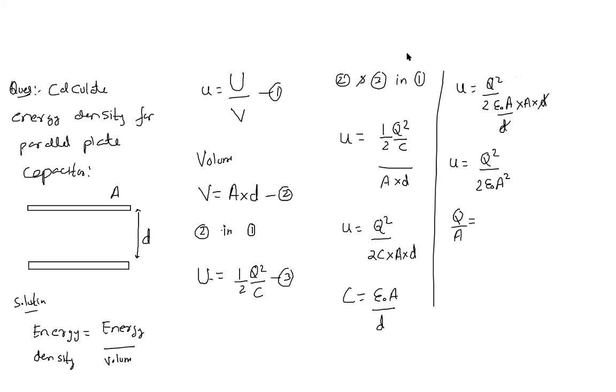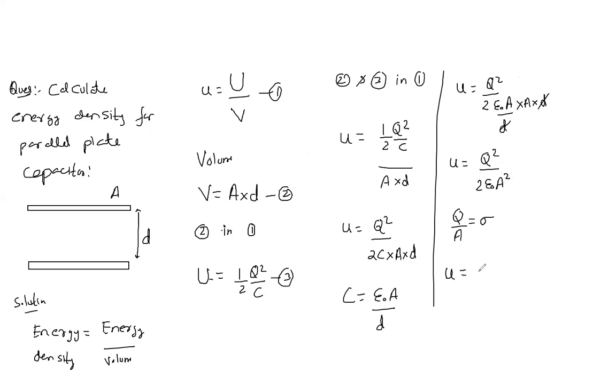What is Q by A? Charge upon area. What is charge upon area? Q by A. Afroza. Sigma. Q by A is sigma, which is charge density. Instead of this Q by A, we can write sigma here.